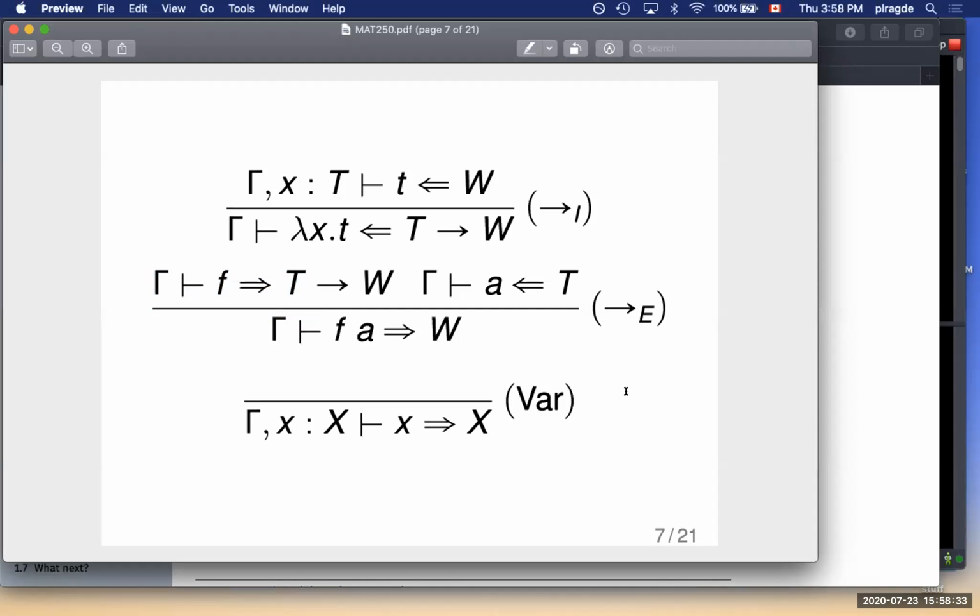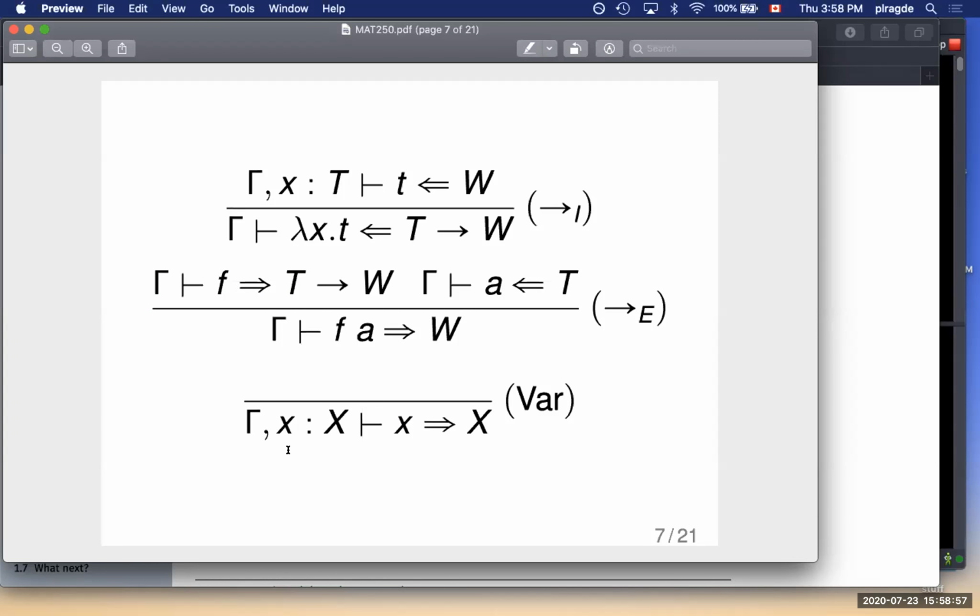Okay, so the third rule is relatively simple. It says we can synthesize the type of a variable, and we can do that if we can look it up in the context. Now, there could be lots of things in the context, and this rule is a little bit of a cheat. Really, you should have a couple of rules. One to say, if it's the last thing in the context, we can do this, and that's what this rule looks like.